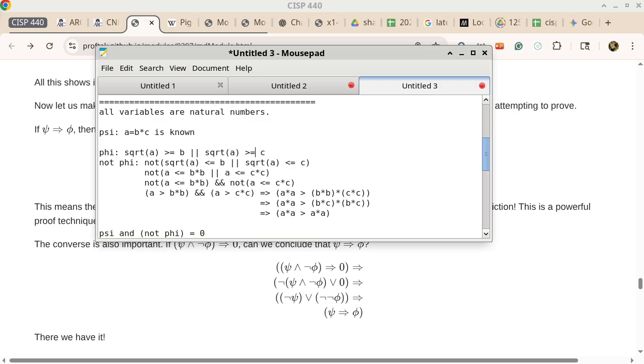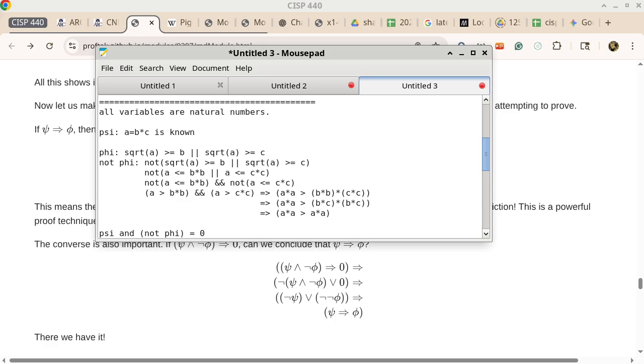Let me think. If there's a factor, then one of them has to be less than or equal to the square root. So they're supposed to be like that. Okay, let me see if that makes sense or not. It still boiled down to the same thing.